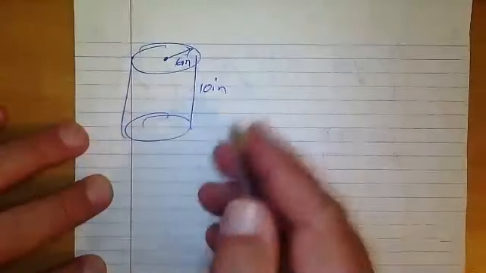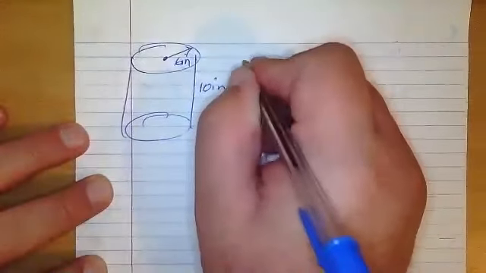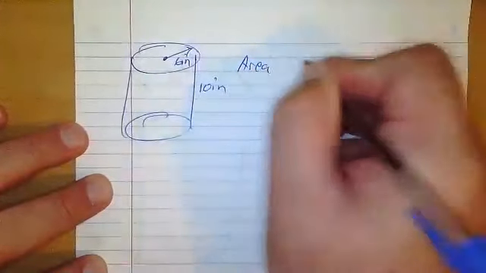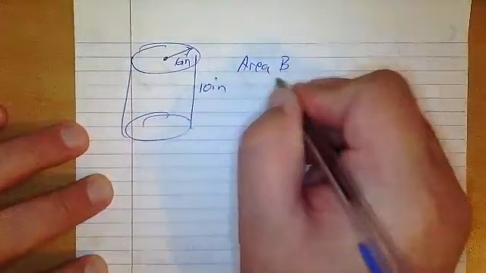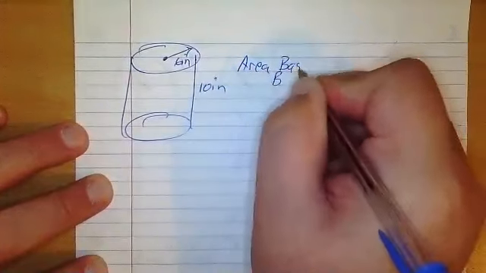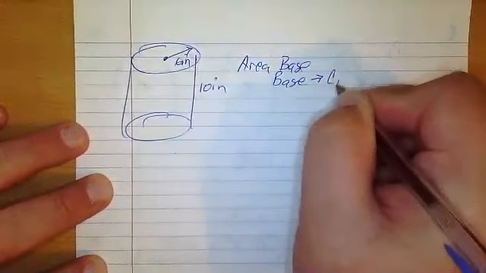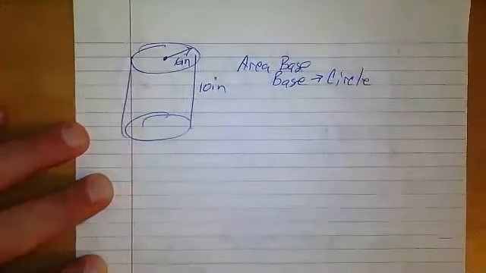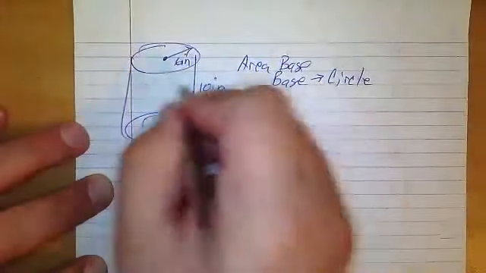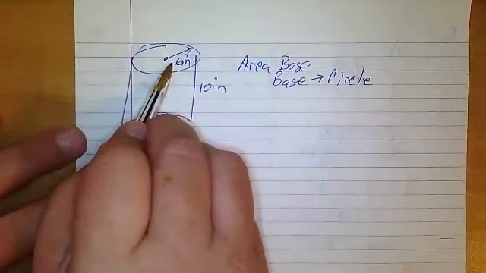Okay, so to find this, we're going to have to find the area of the base. Well, the base is the circle, right? So we're going to find the area of the circle. Well, what's our radius? 6, right?